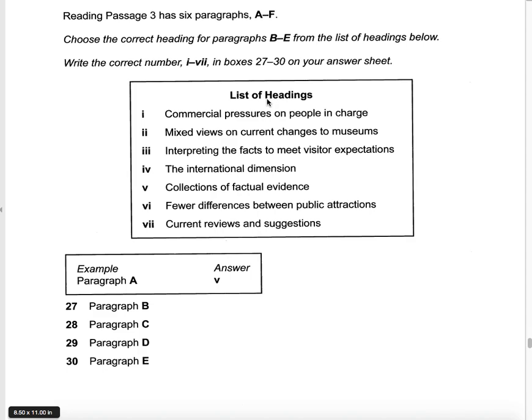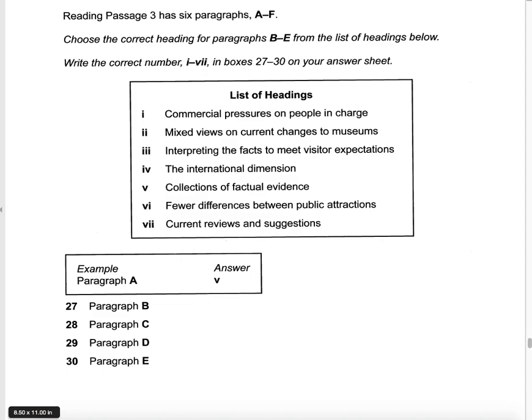I think it could be one of the most difficult types of questions because in one way you need to understand the paragraph, but in another way, we need to try to get the main idea of the paragraph rather than just examples. I'll try to teach that today.